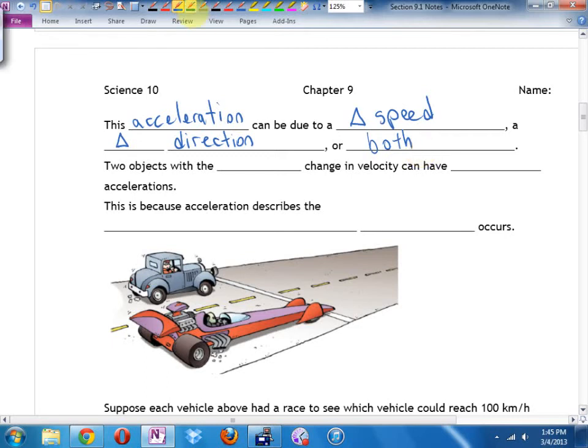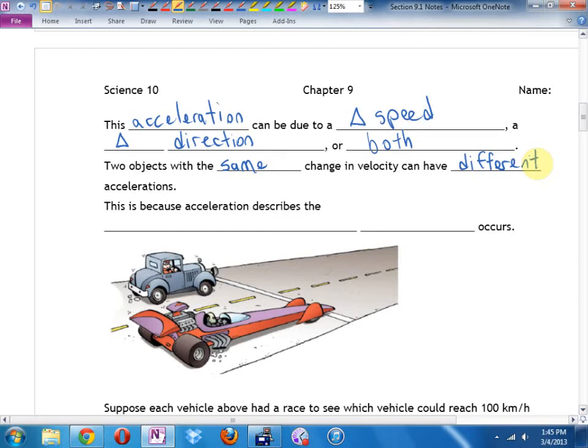So, two objects with the same change in velocity can have different accelerations. Suppose Justine and Ty are having a go-kart race.